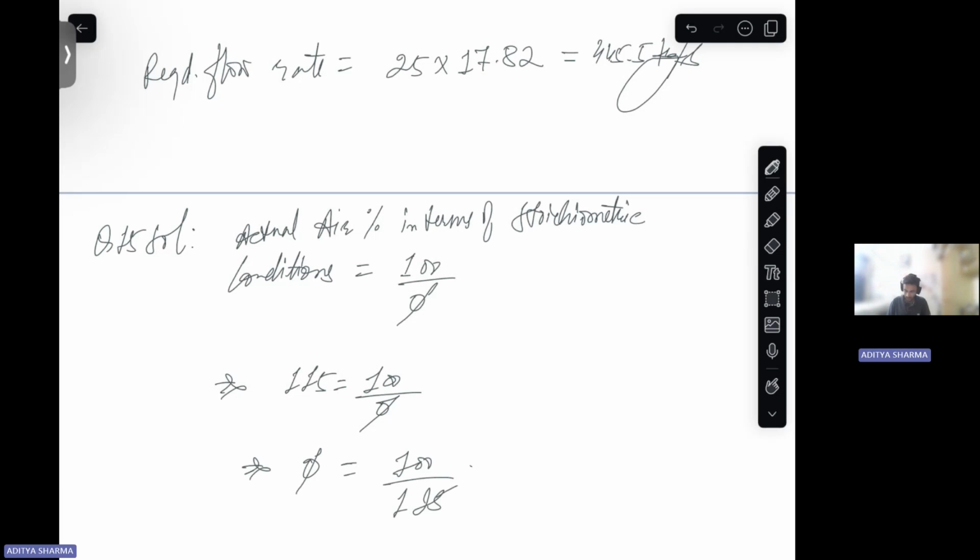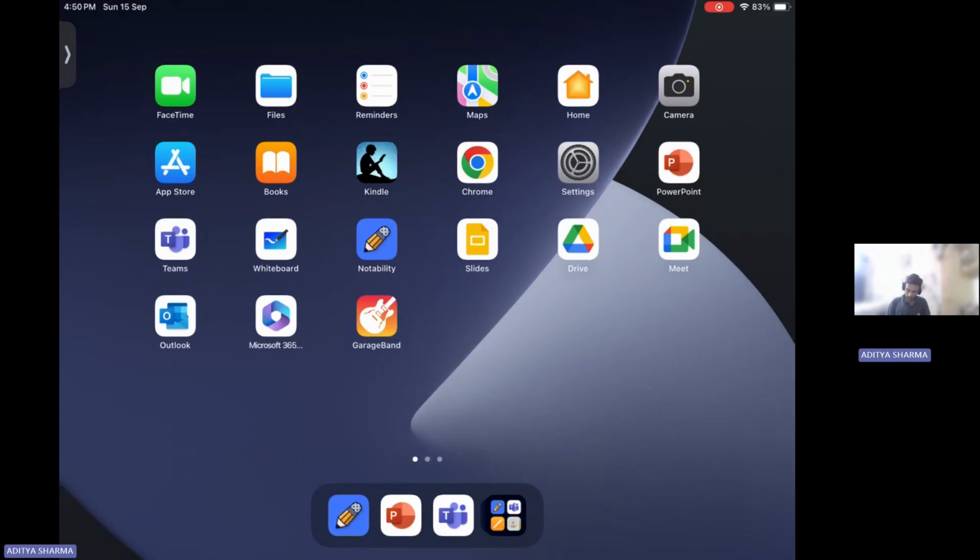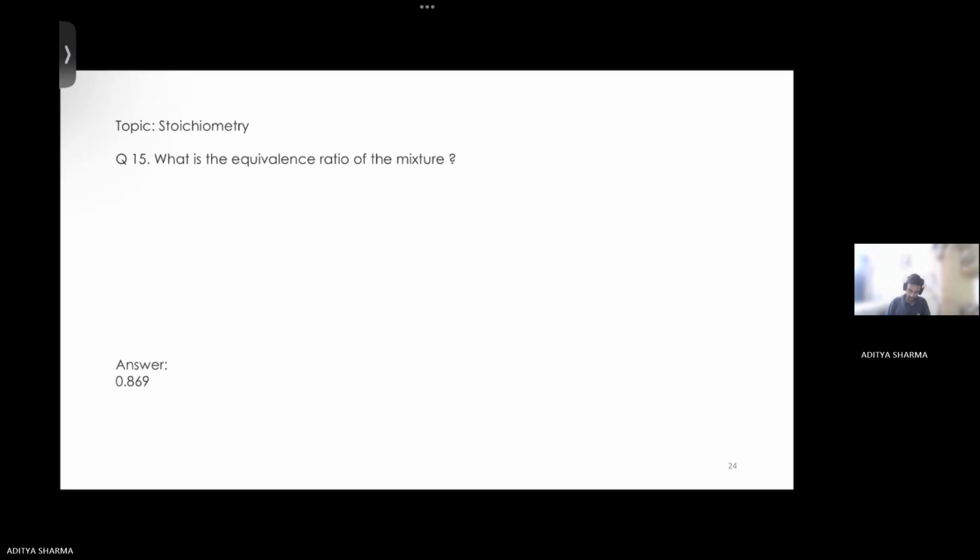So if you work this out, this will come out to be 0.869. Okay, this is your 15th question.